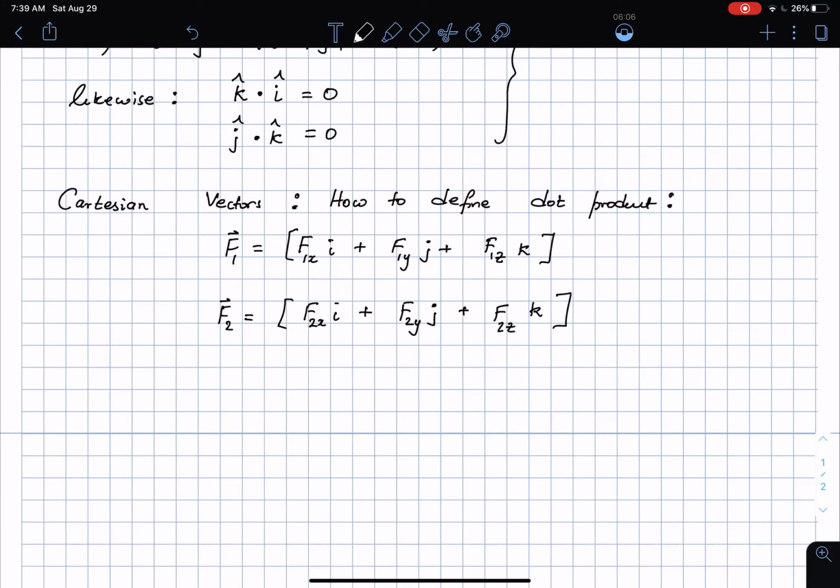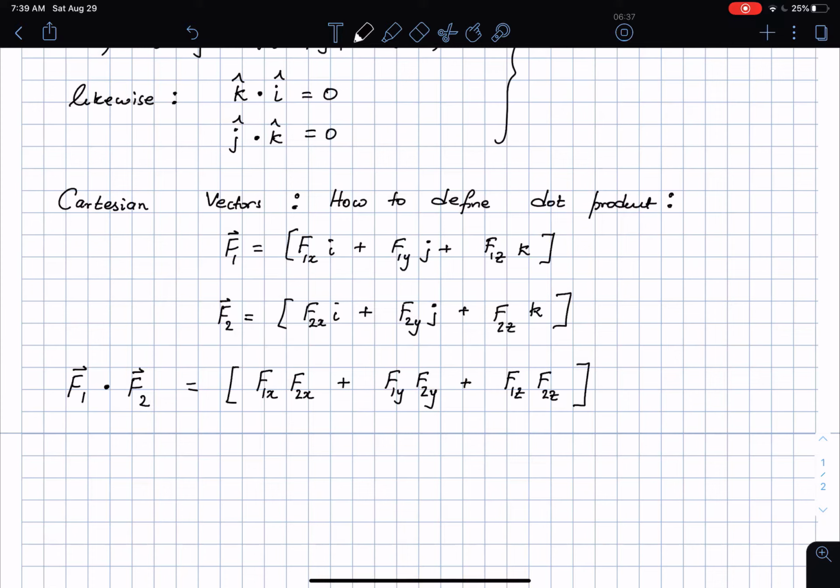Without going into the details and without proving this step by step, because it's fairly straightforward as you will see by yourself, the dot product of f1 dotted with f2 is going to be the following: f1x f2x plus f1y f2y plus f1z f2z.